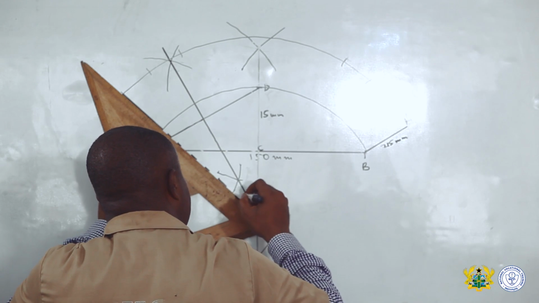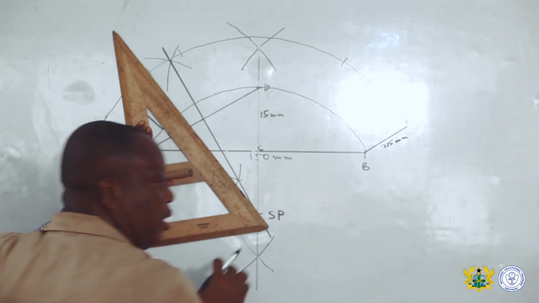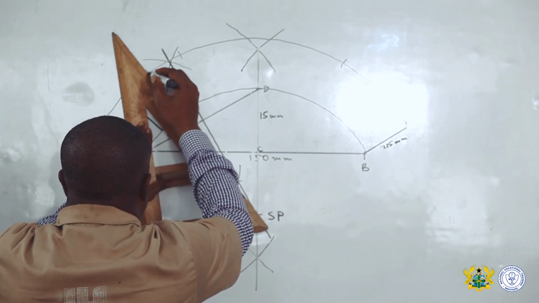The dotted line is just referring us to where we have taken our lines from.